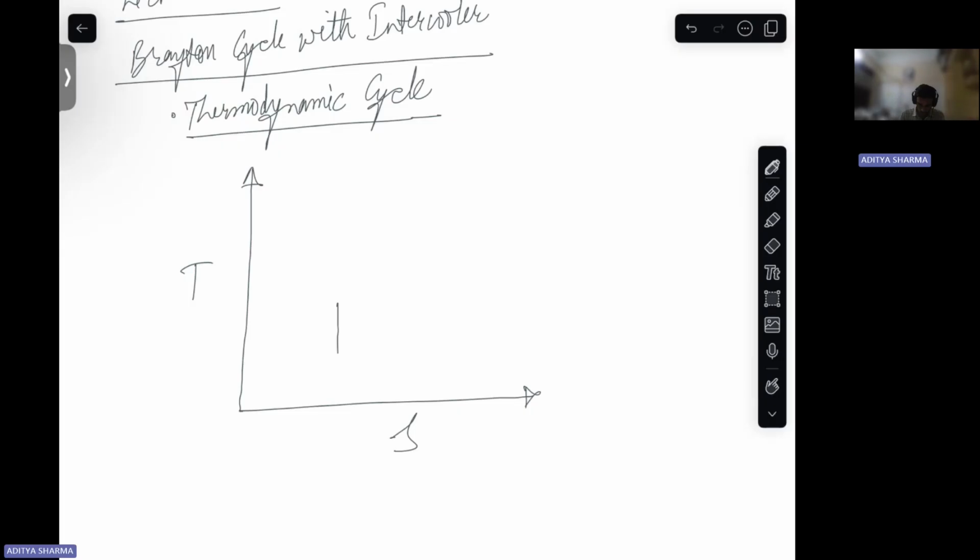So this is your first compressor, this is your second compressor, this is your combustion chamber, this is your turbine, this is your expansion.